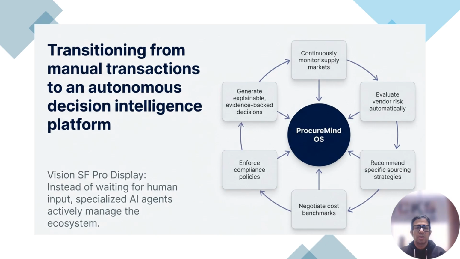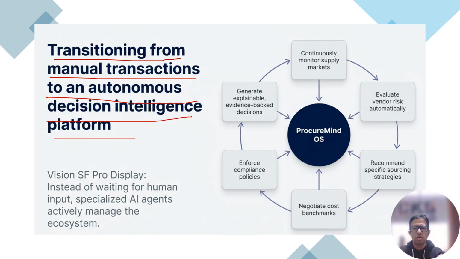See, transitioning from manual transactions to an autonomous decision intelligence platform. So the goal is not to just automate a few steps. The goal is to build an autonomous decision intelligence platform that continuously supports procurement, like a system that's always on.